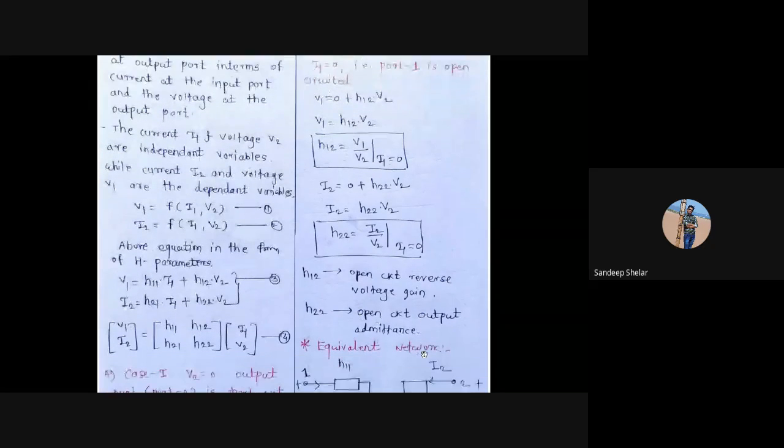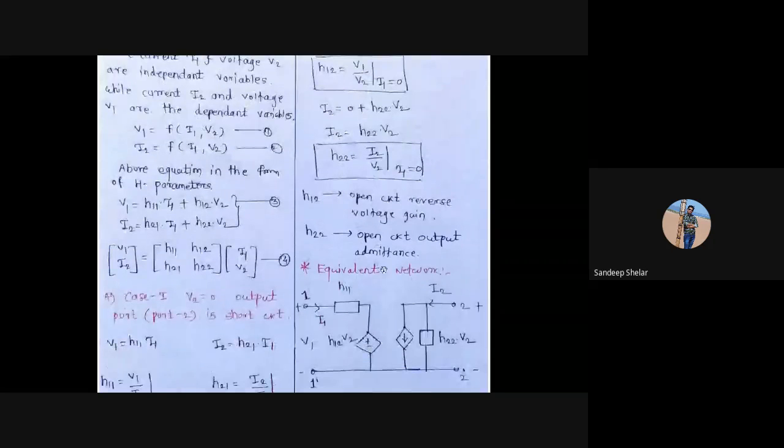Now we have to draw the equivalent network for the hybrid parameter. V1 is equal to H11 into I1 plus H12 into V2. This is the V1 equation.